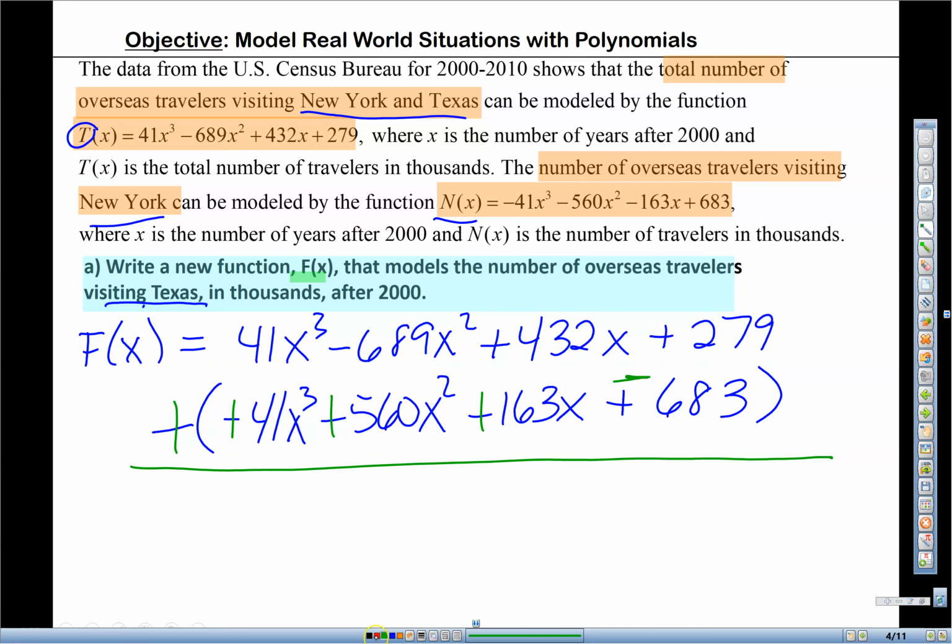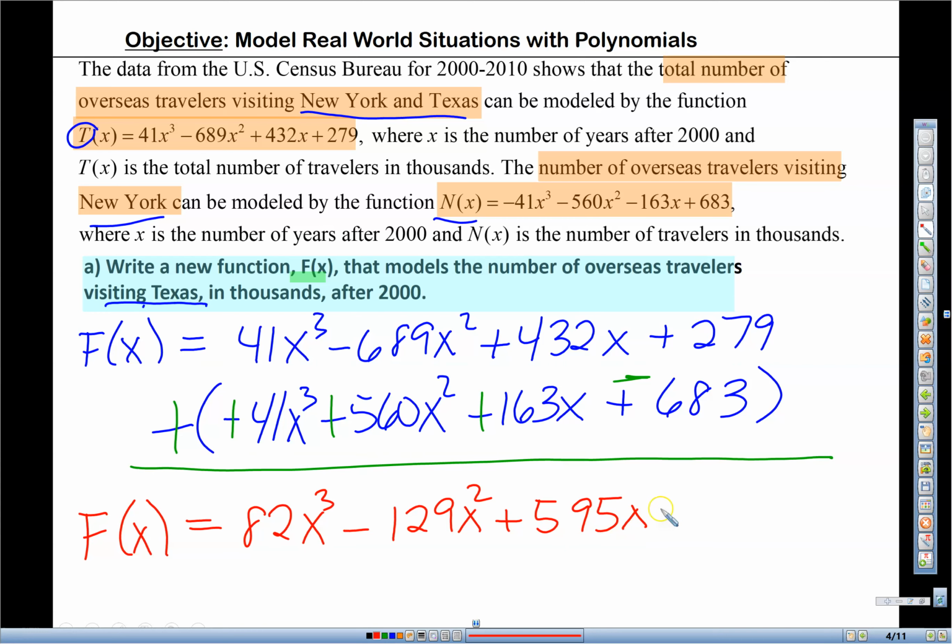And now I'm going to get my new function f of x, and I am going to get 82x cubed minus 129x squared plus 595x minus 404. And there's my function.